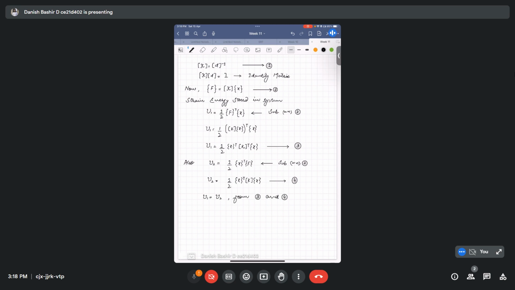In the third equation you have U1 as one half of x transpose K transpose x, and in U2 you have one half of x transpose Kx. The only difference is K transpose and K. So for U1 equal to U2, K transpose should be equal to K. That is the required property.